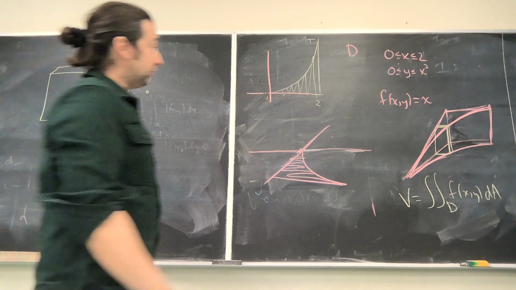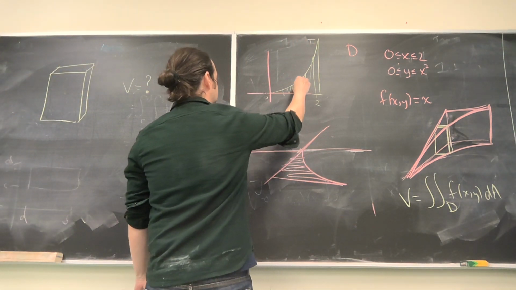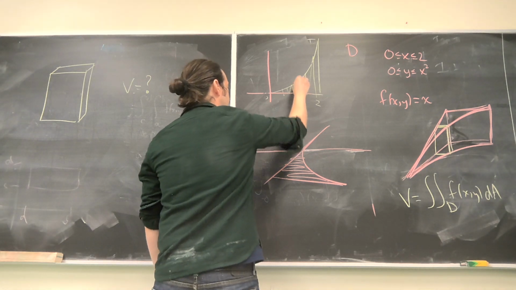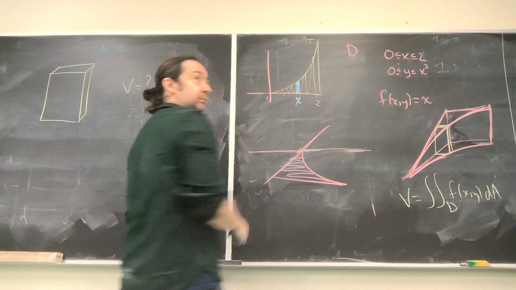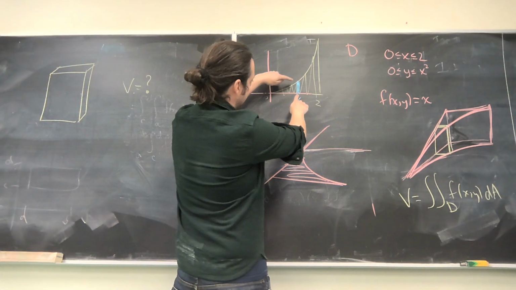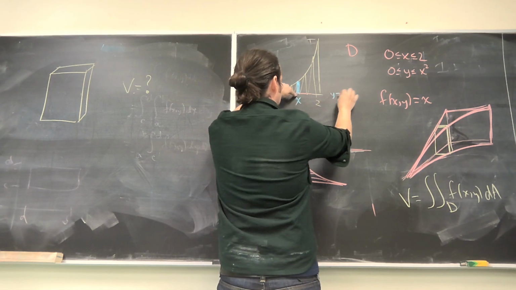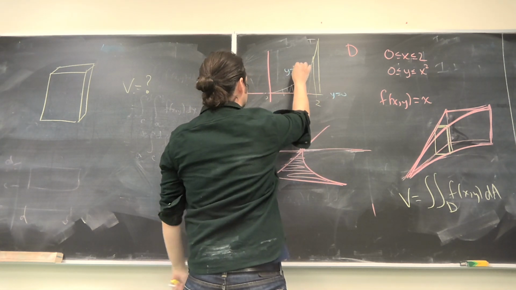So the first thing I'll observe in the picture that I've drawn here is that I'm thinking about this right now as that slice is located at a position x. And that x value is somewhere between 0 and 2. And the bottom of that slice runs from this function, which is y equals 0, up to this function, which is y equals x squared.